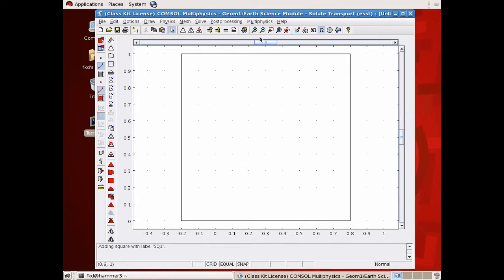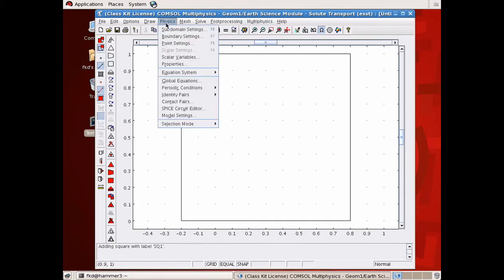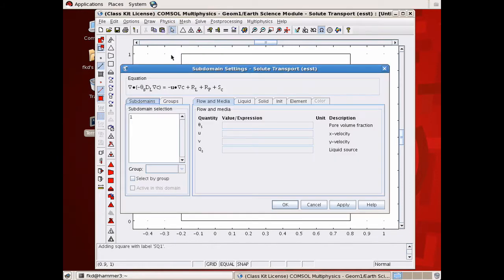So what we can do is put some boundary conditions in, maybe for the first one, for solute transport. We need to put in what the subdomain behavior is and its settings. This is the differential equation here. This is the velocity. This is concentration. I guess this is steady concentration, not transient. Don't see a transient term in there.